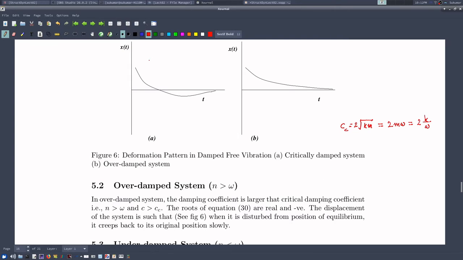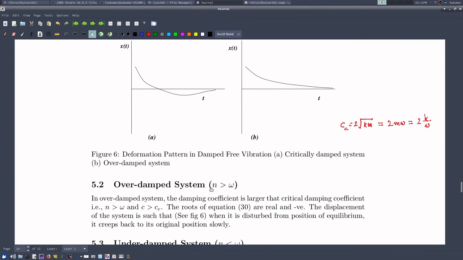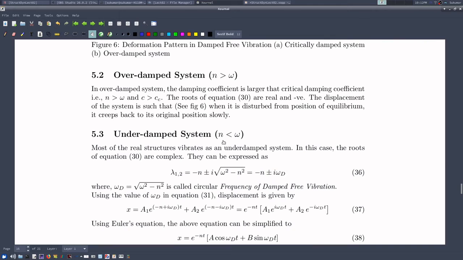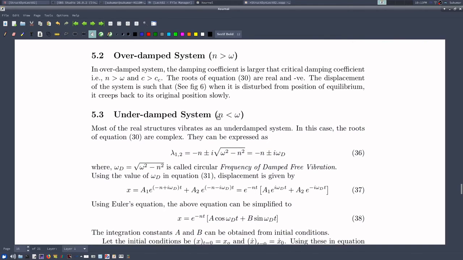Next comes the most important type of vibration from a practical point of view, which is the underdamped system. In an underdamped system, this n value will be less than omega, and therefore this quantity, which was n square minus omega square originally, will be negative.